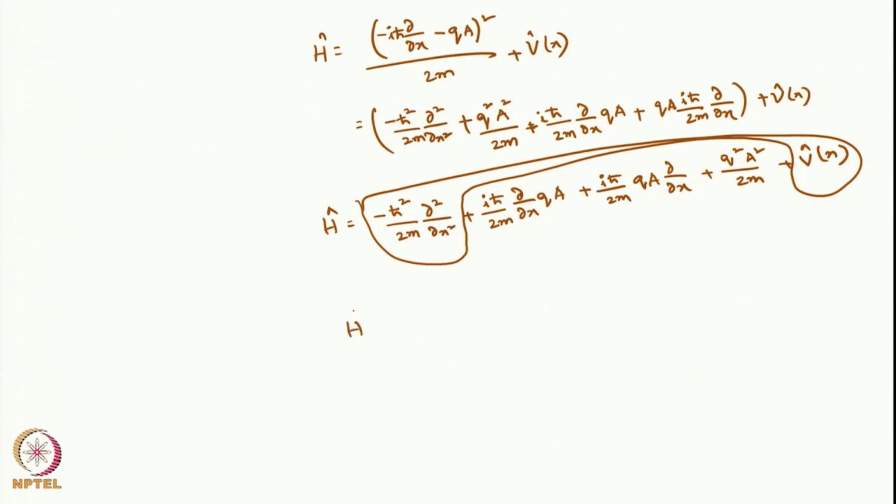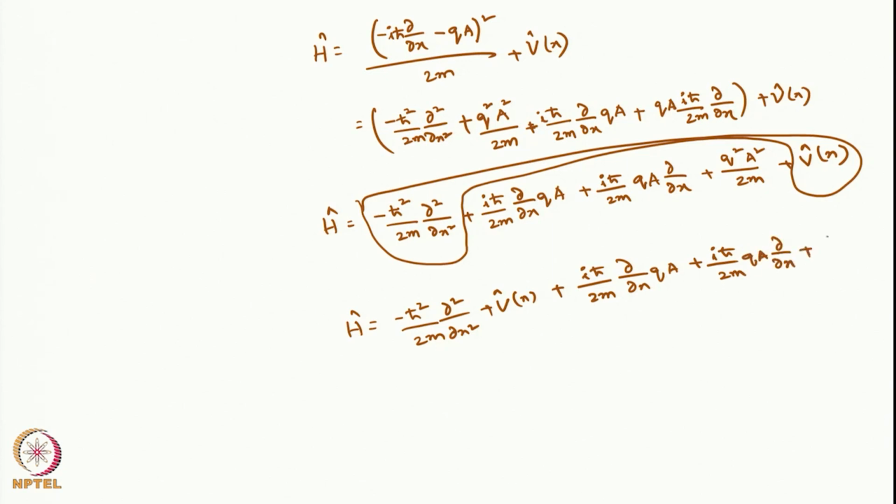So H is equal to minus h bar square by 2m d square by dx square plus V of x, plus ih bar by 2m d by dx of QA plus ih bar by 2m QA d by dx plus q square a square by 2m.